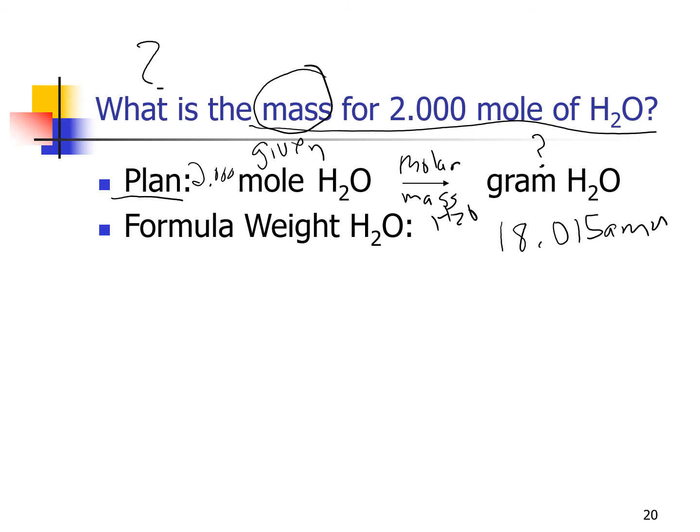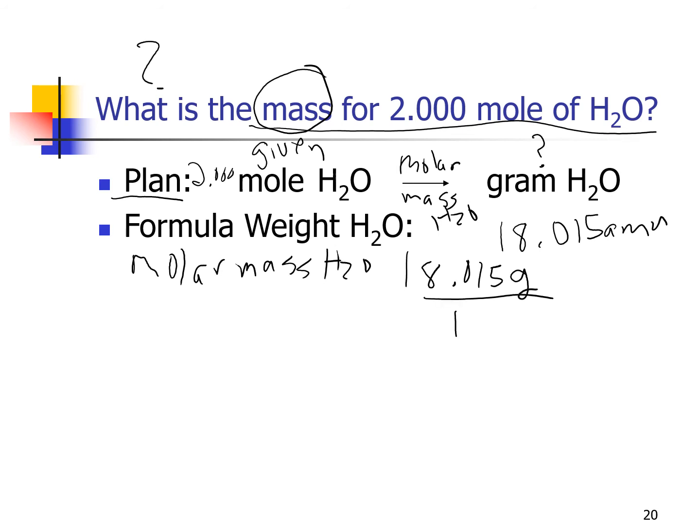We need the molar mass of water, which is going to be the same number, it just has different units. So molar mass of water is equal to 18.015 grams, and that's for 1 mole of H2O. So now we can go ahead and solve for our problem.